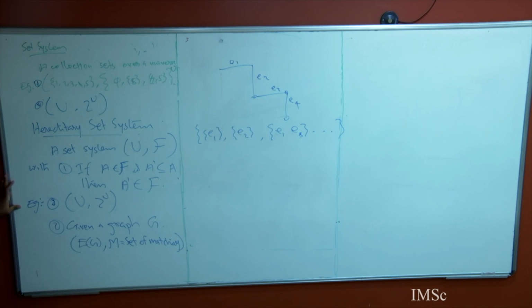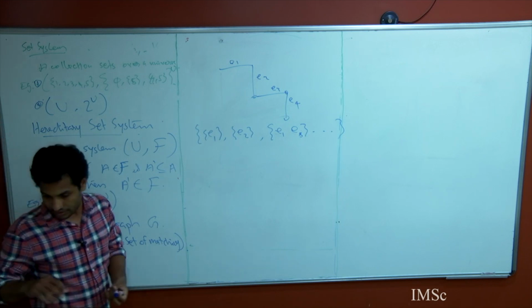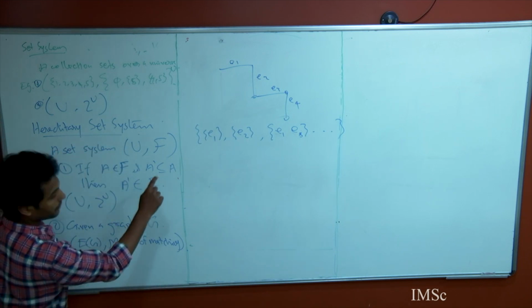Now we come to Matroids. A Matroid is a hereditary set system with one more property.